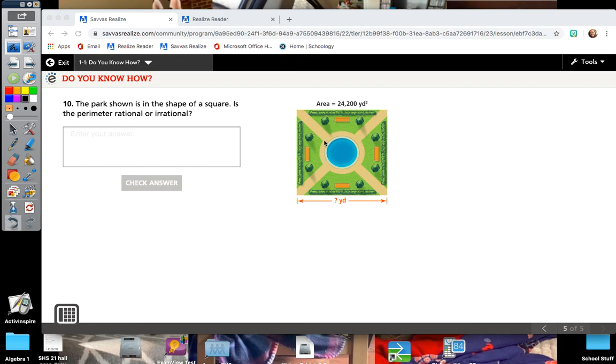So, because all 4 of our sides are the same, I'm going to call all of them side. We have 4 sides. So, side plus side plus side plus side. And then all of that equals your area here. Oh, this is area.